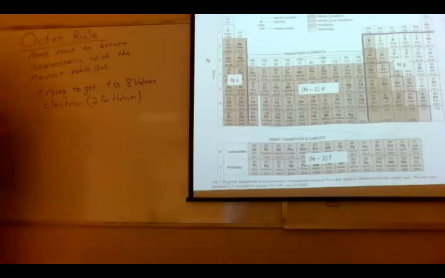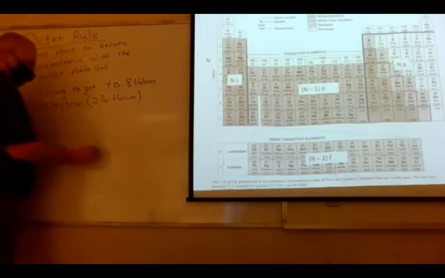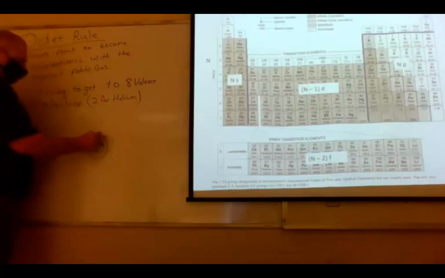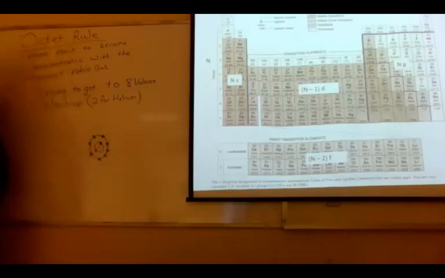So I'm going to come back to that magnesium, and we'll look at magnesium here. It has 1, 2 in the first layer. Then it has 8 in the next layer.